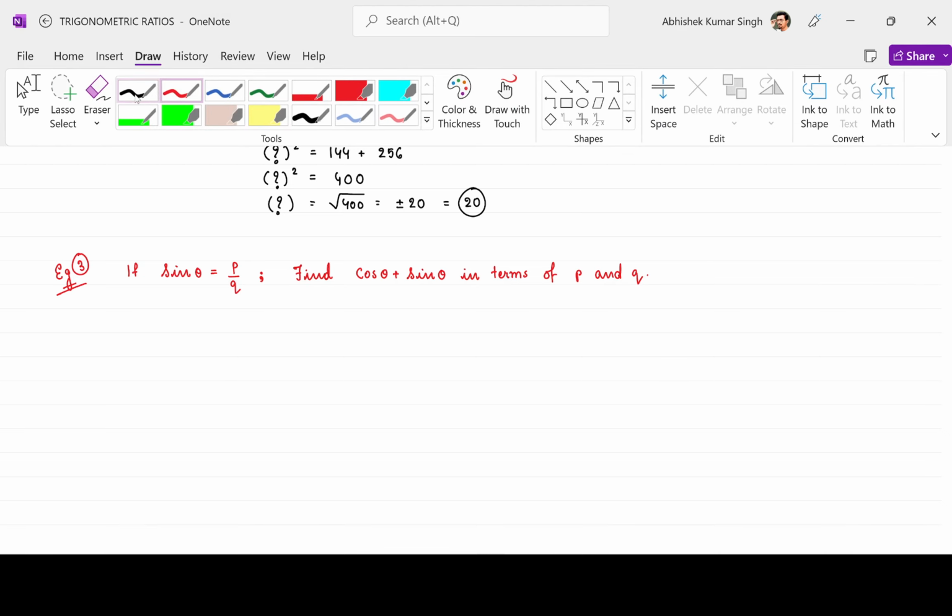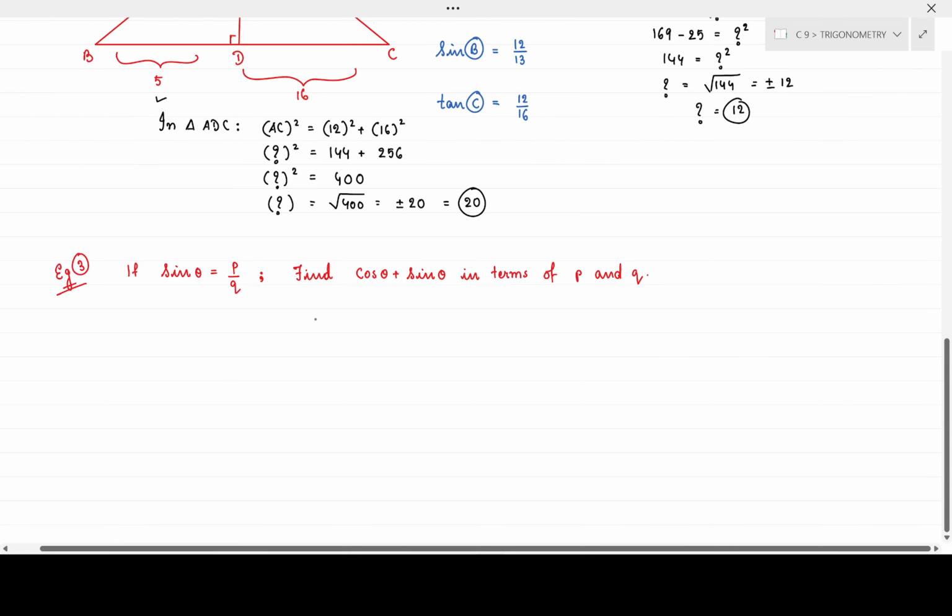Now, since in this question you don't have any diagram, you must draw a rough diagram for your reference. A right angle triangle, let it be ABC. Mark any alphabet, it doesn't matter in this type of question.